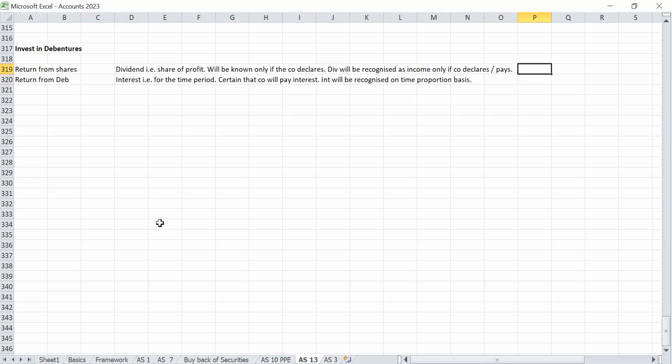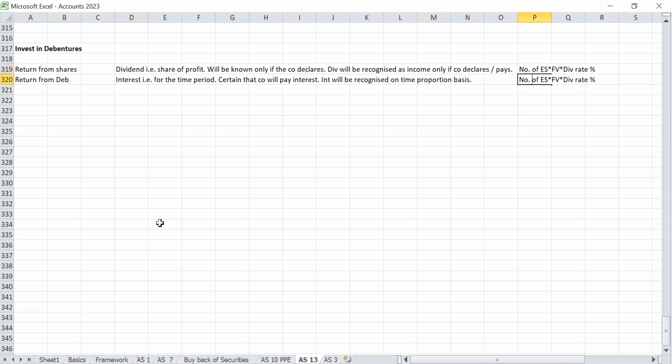So how to compute dividend? Dividend will be number of equity shares into face value into dividend rate. I will not consider the cost, at what price I have acquired; that I will not consider.